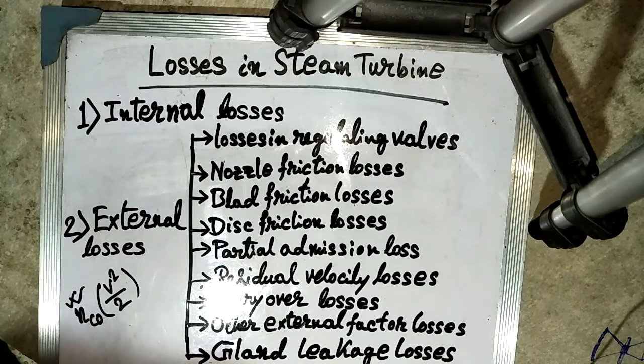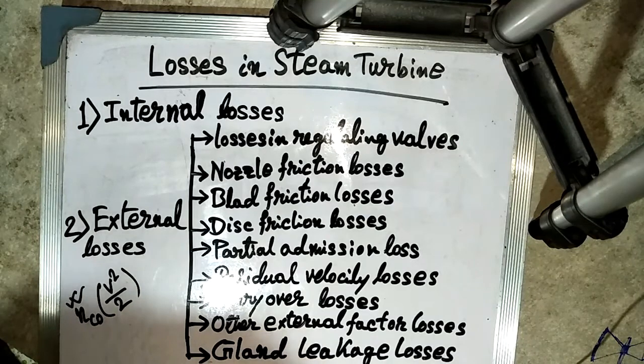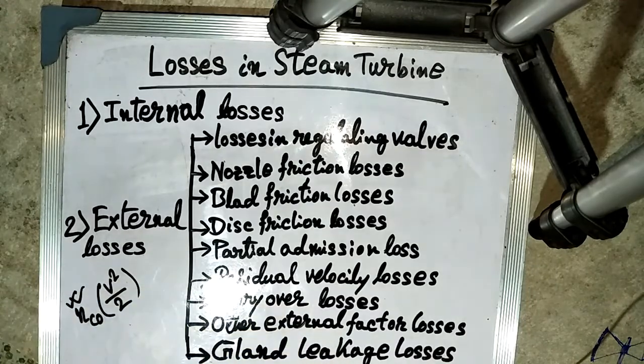Since the turbines are adequately insulated, the surface heat loss by radiation and convection is small. The modern large electric generators are hydrogen cooled, well designed and very efficient, where the energy losses are within 2 to 3%. Now the last one is the gland leakage losses.